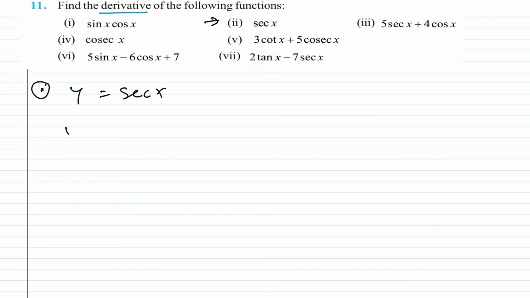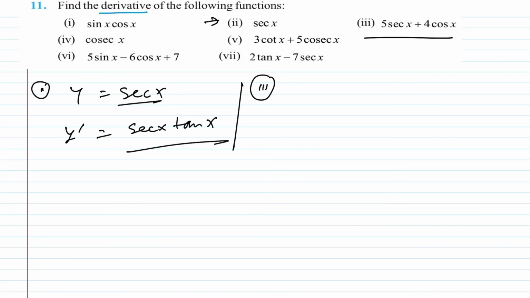Now number 2, here we have sec x. It's very simple. Derivative of sec x is sec x tan x. Now next one is number 3. Here y is equal to 5 sec x plus 4 cos x.